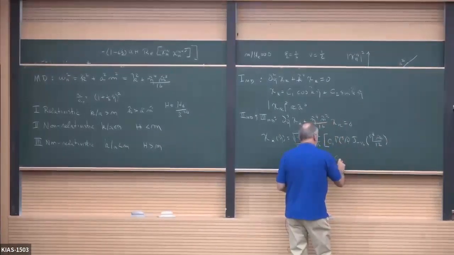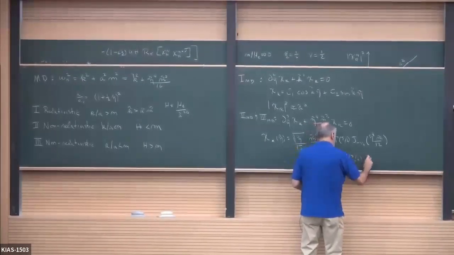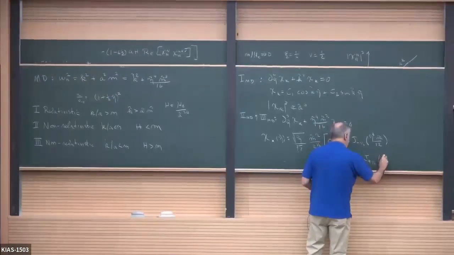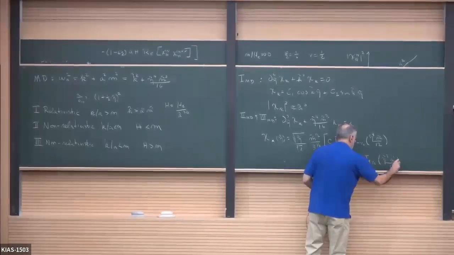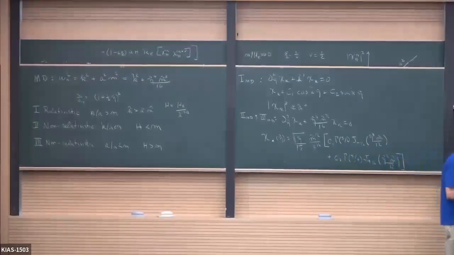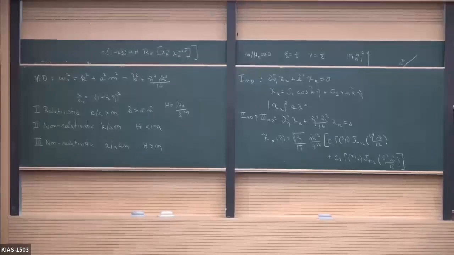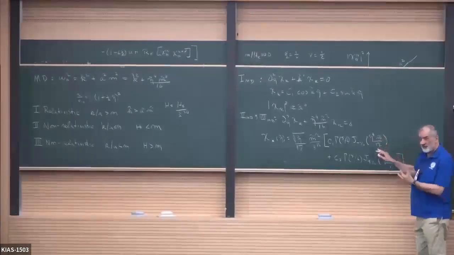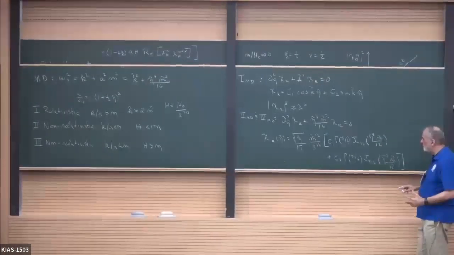Plus the other term, j of plus 1/6. And the Bessel function will be different if the argument is small, much smaller than 1, or much larger than 1.